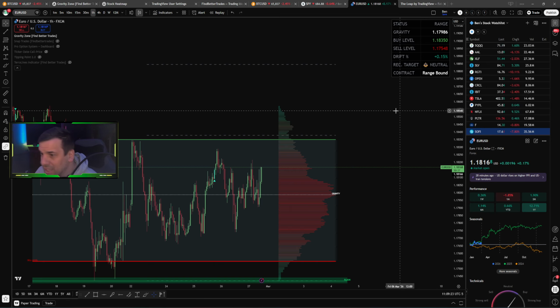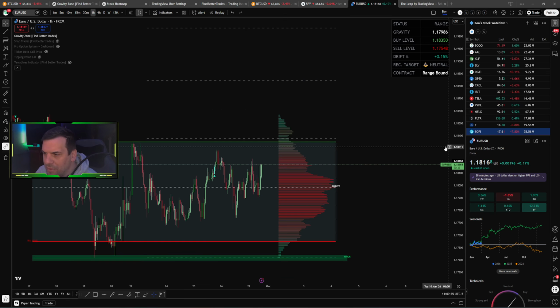So right now, let's just say euro dollar. And obviously it's not going to be perfect on everything. I don't have a 96% win rate or this or that. What I do have is a way to identify breakout levels. That's the whole purpose of this, and to get yourself in trades that are in your favor whenever they break out.